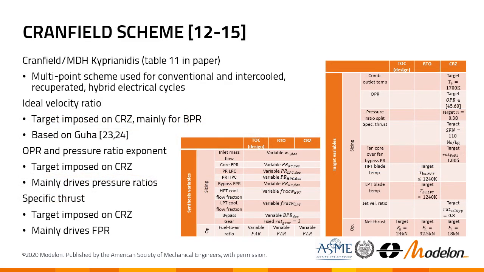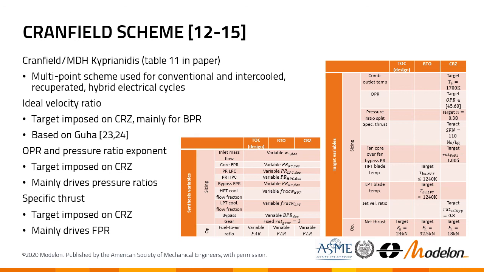The first academic state-of-the-art multi-point scheme discussed here originally came out of Cranfield University and was suggested by Professor Kyprianidis, now at MDH in Sweden. This has been used for several types of conventional and unconventional cycles.